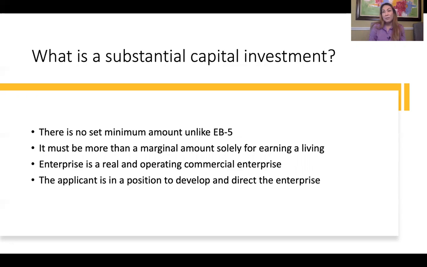For EB-5, direct investment is 1.8 million, and for targeted employment areas, or TEA, it's 900,000. When it comes to the E-2 investor visa, there's no minimum requirement. However, you must show that your investment is substantial. And how do you show that? I'll tell you in a minute.